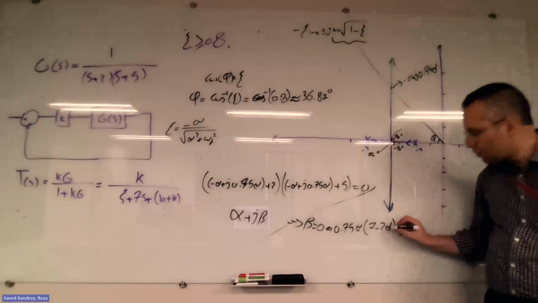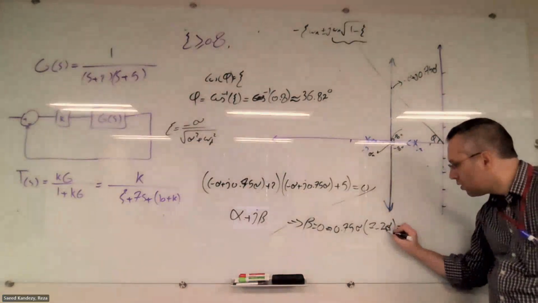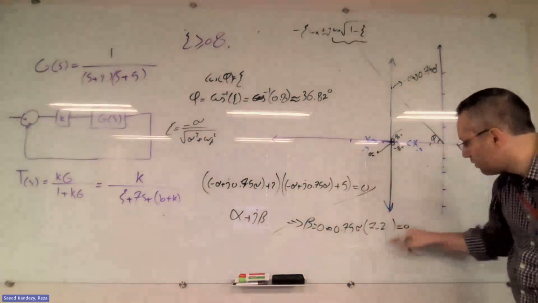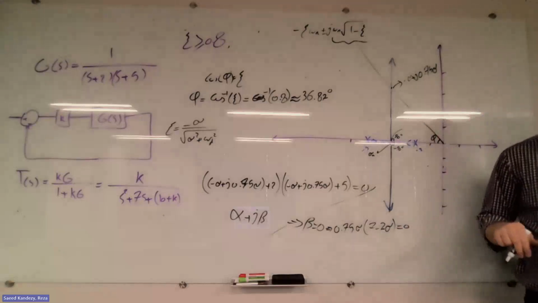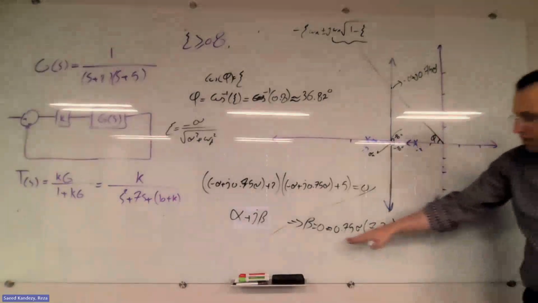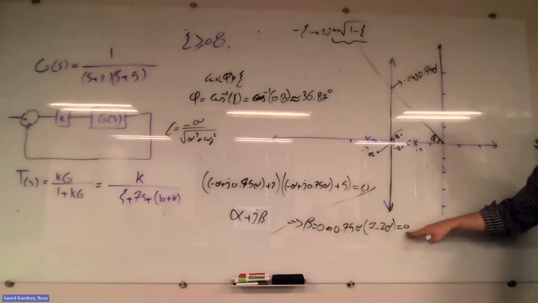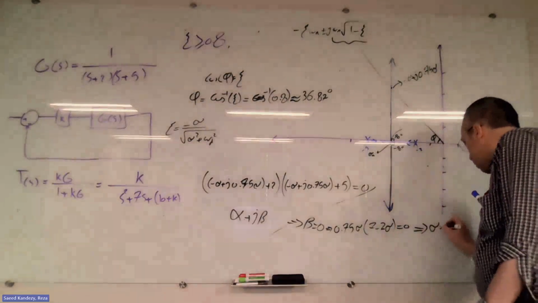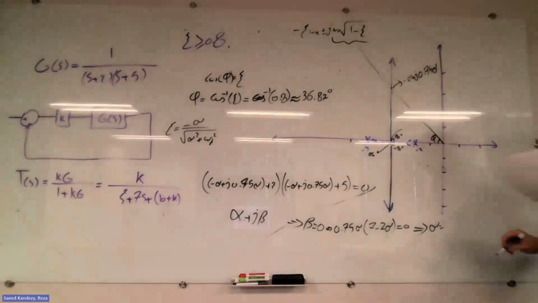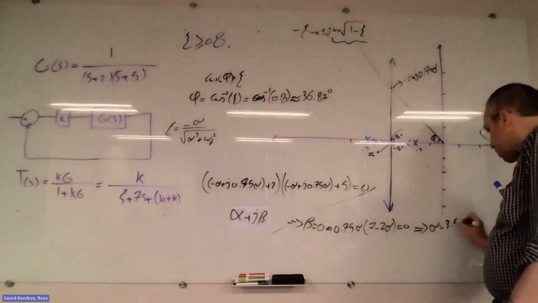7 minus 2 delta. Let me make it very clear. Are you good? If this value is equal to 0, that means it would happen only for a delta equal to 3.5.